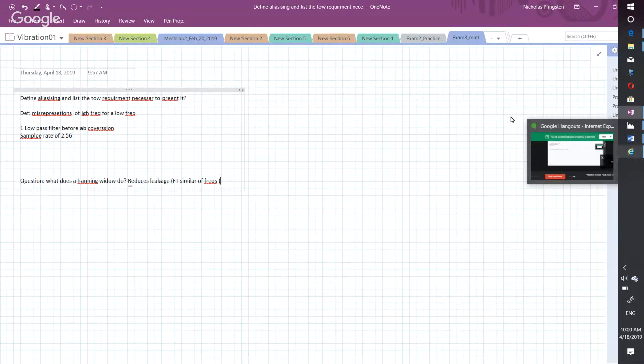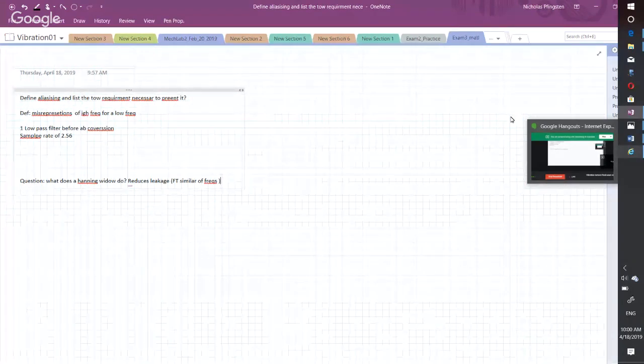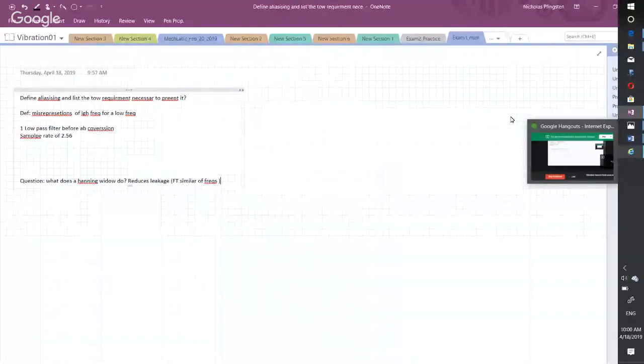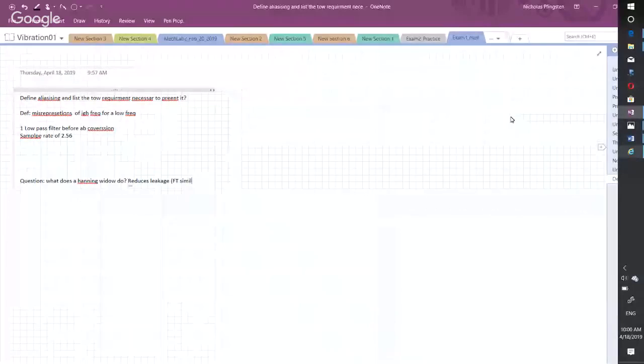So I write reduces leakage, and then I put in parentheses reduces the smearing of frequency, because some students might write that. I put that in there so whoever is grading this problem will know that that's acceptable. All right? Any questions on windowing?